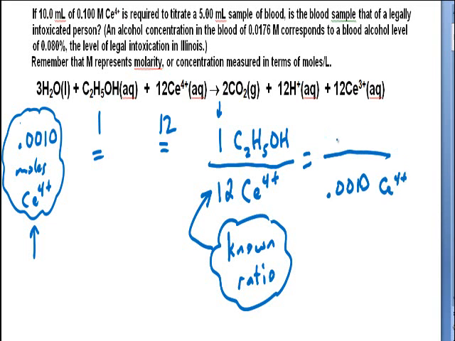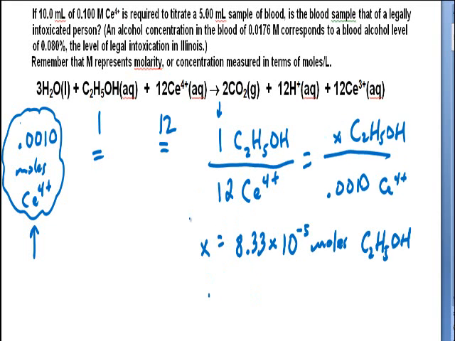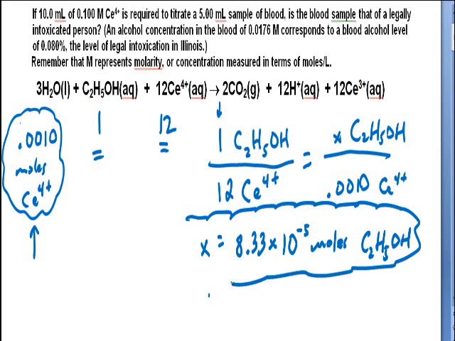That'll react with X moles of C2H5OH. Solving for X, we find that 8.33 times 10 to the negative fifth moles of alcohol, C2H5OH, are going to react with the moles of Ce4+ that we have, the 0.0010 moles of Ce4+.